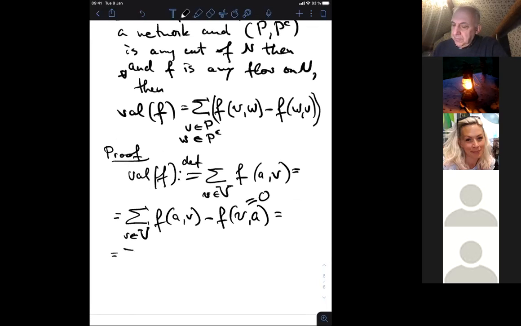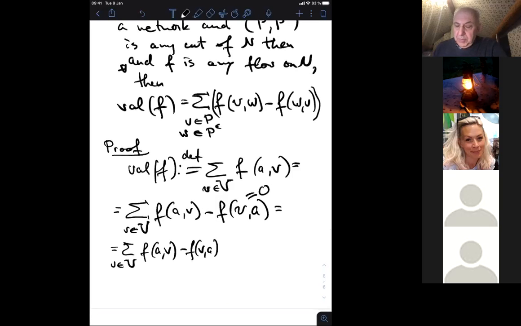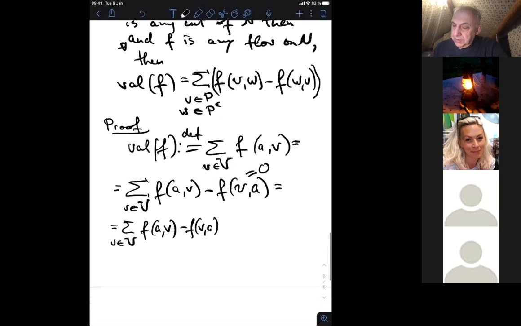And now let me add to this a bunch of other entries, a sum which is 0, but it will allow us to regroup our terms and get the result which we want. So we're adding the summation over W in P, W not our source vertex, of the summation over V in E of f of WV minus f of VW.